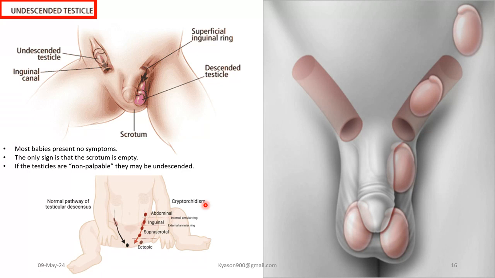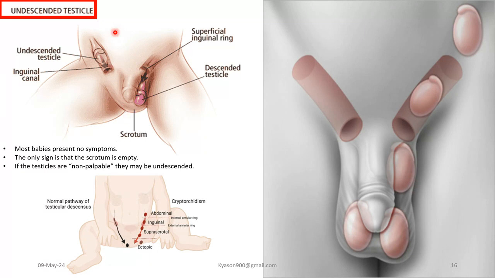Usually these babies have to be given synthetic drugs that contain testosterone to induce testicular descent. Those drugs can induce testicular descent, but in other cases, these babies can also be operated on so that the testicle can be dragged down into the scrotum.